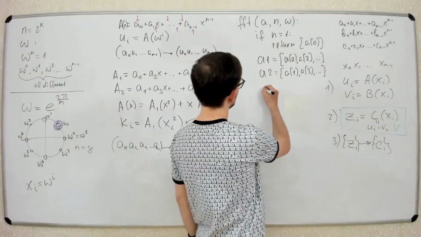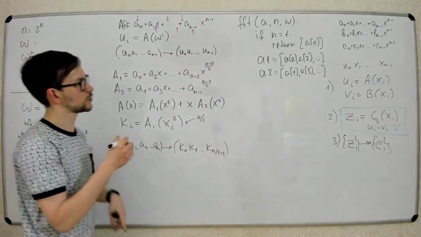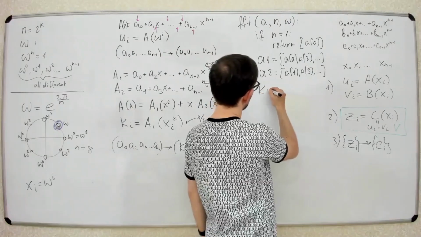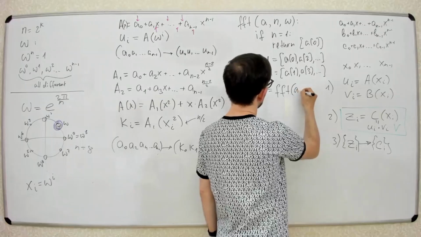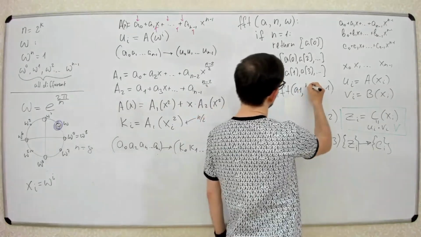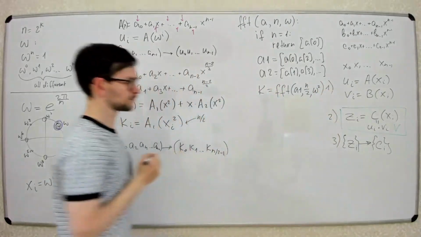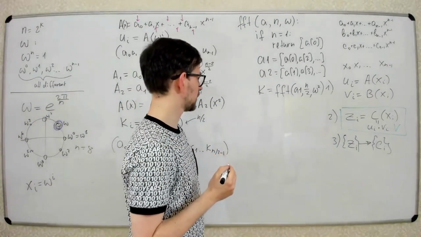So I will call k the result of FFT of polynomial a1 in n over 2 points with base w squared. And I need another letter.